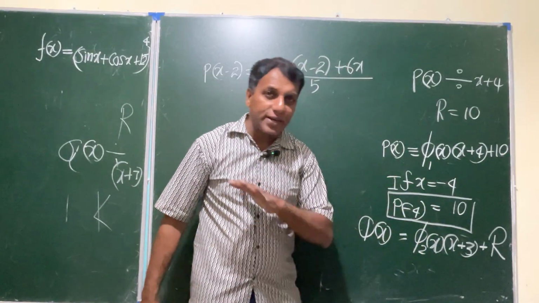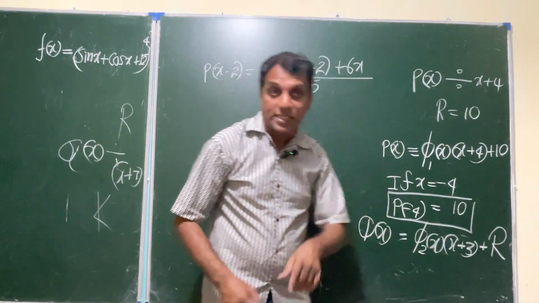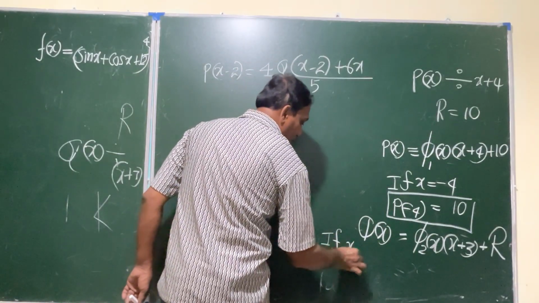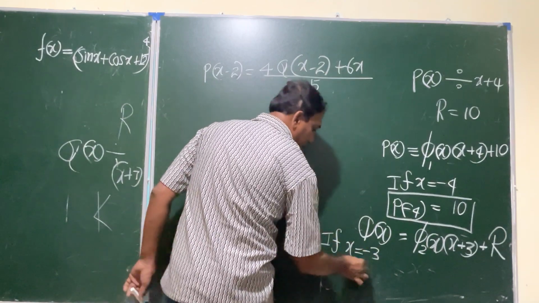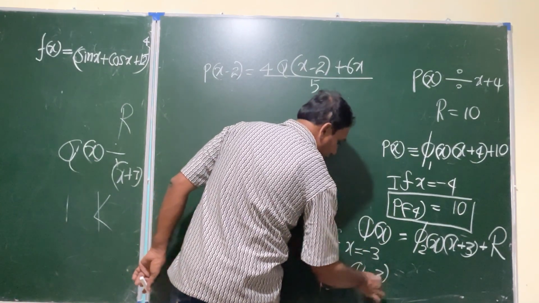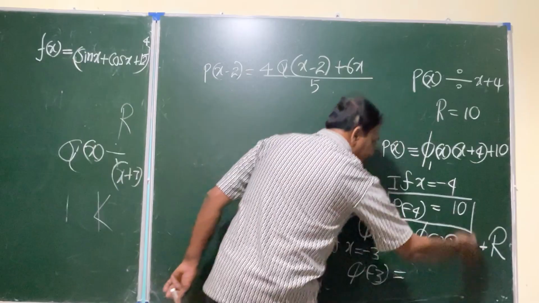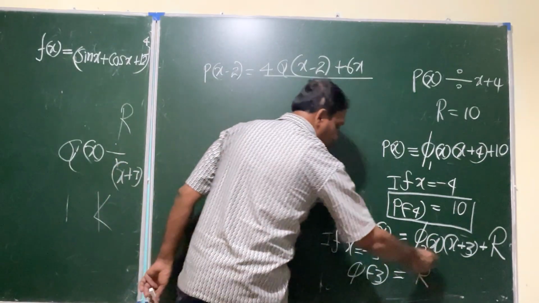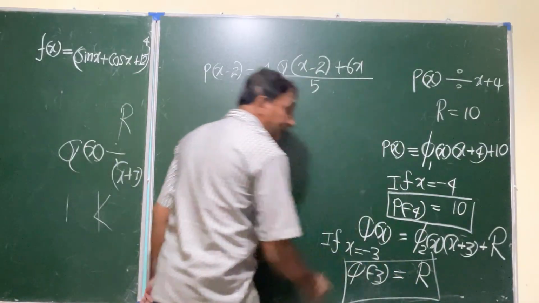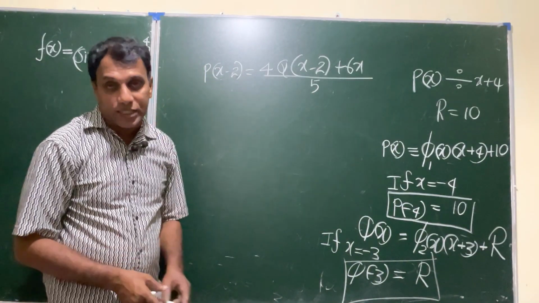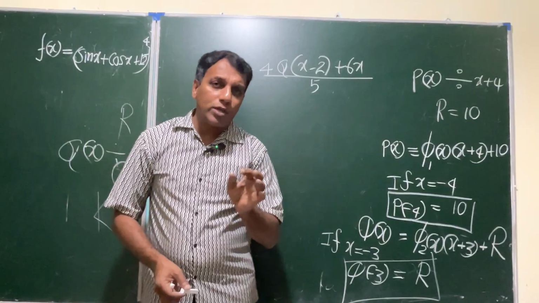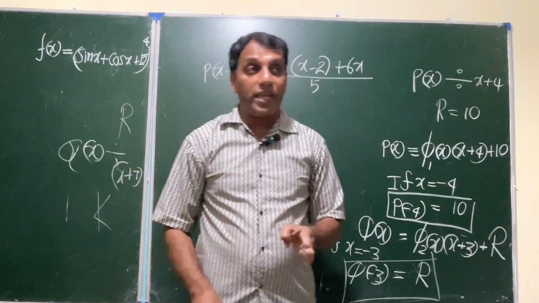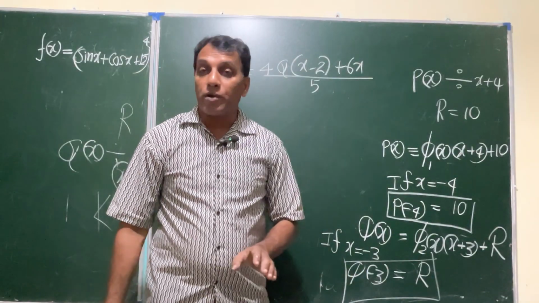Make the quotient part 0 by putting x equals minus 3. Then q of minus 3 equals r. Therefore, another important piece of information: the remainder r equals q of minus 3.